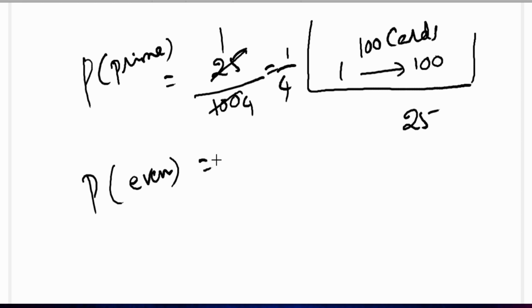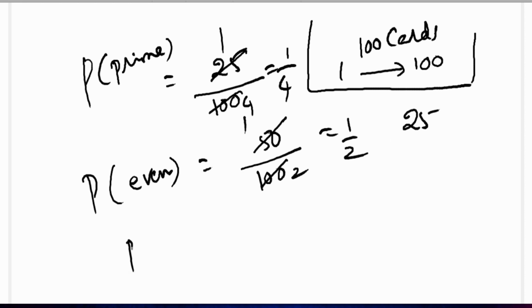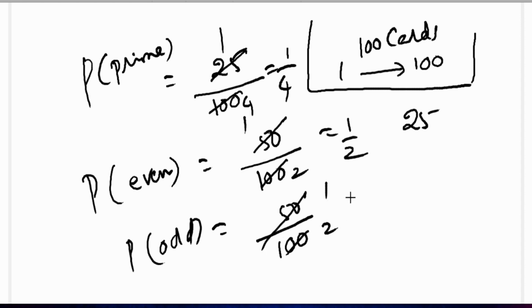Between 1 and 100 there are 50 even numbers, the total is 100. So 50 by 100, 50 ones, 50 twos, it is 1 by 2. Probability of an odd number, there are 50 odd numbers and total is 100, so again 1 by 2.